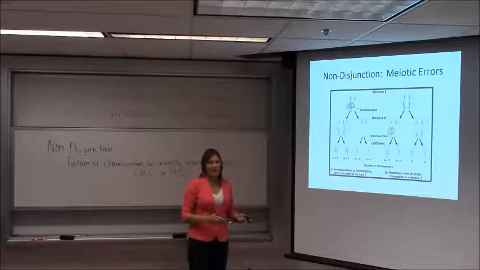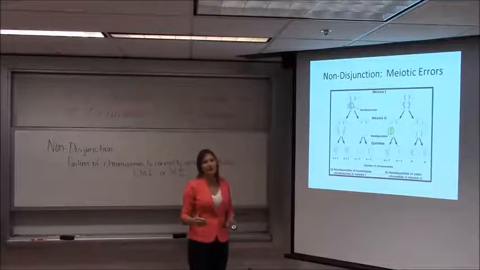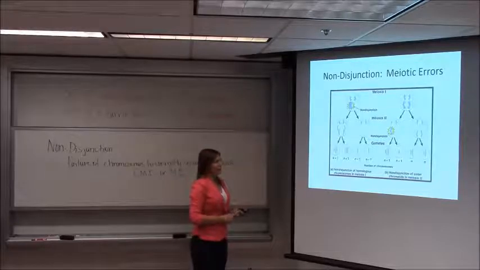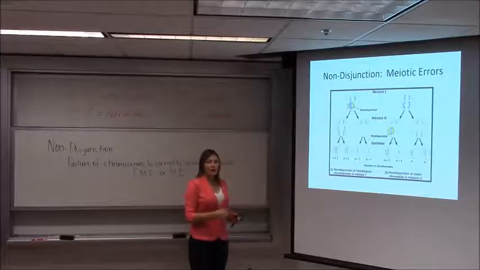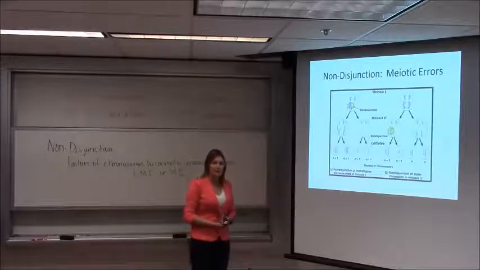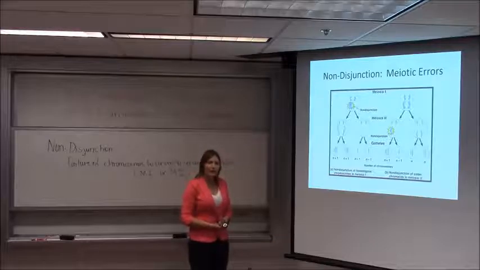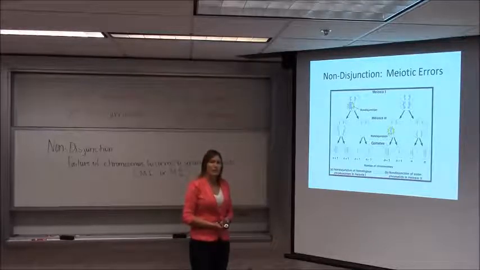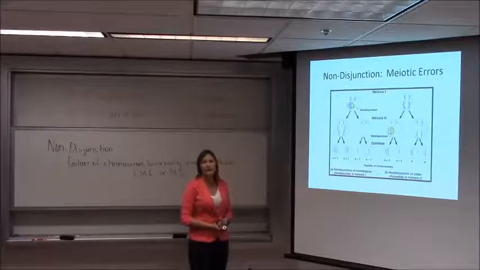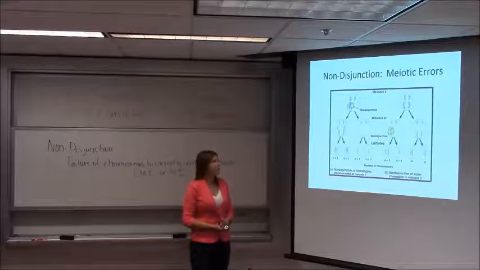Then every month, one of those egg cells will make it to maturity and will continue to go through meiosis as it's maturing. But females are born with all of their eggs already at some stage of meiosis. Males are constantly making sperm. Males can have nondisjunction occur also, but there's not a correlation with age. The chances of doing it at age 16 are the same as at 60.